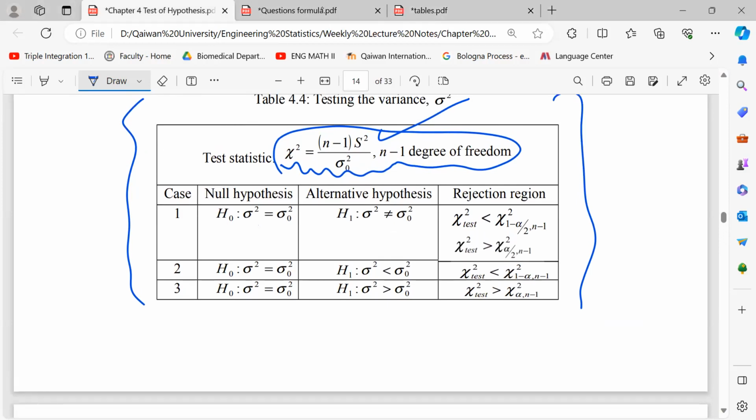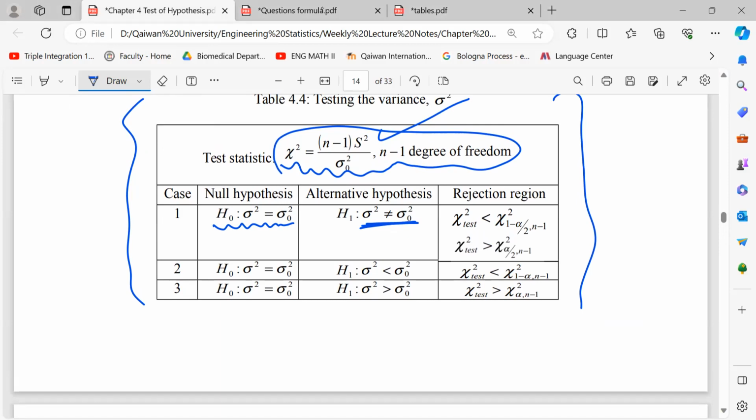Here, we say the null hypothesis is sigma squared equals sigma naught squared, meaning the variance equals the given variance. The alternative is that it doesn't equal.